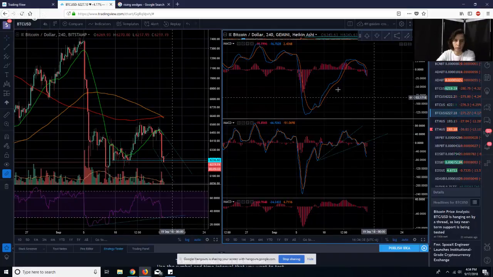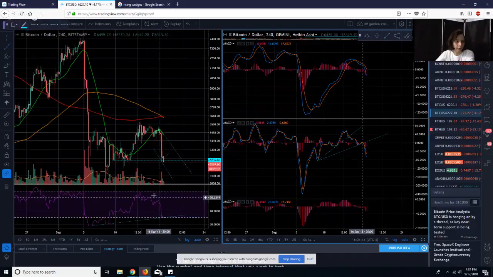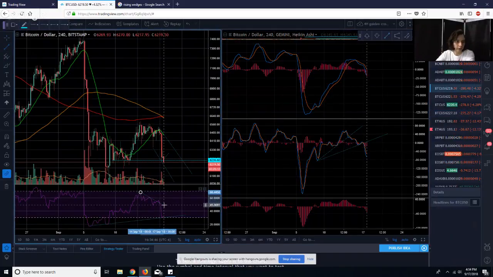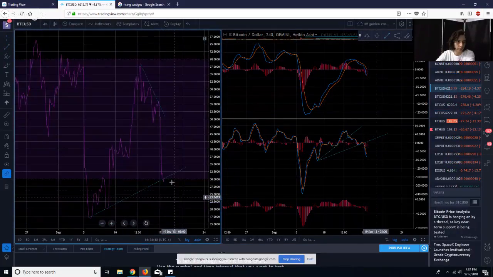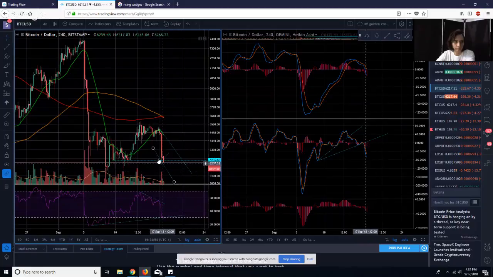Okay, the follow through for the MACD. The only thing the RSI is telling us is that the trend is weakening, as you can see over here. We're just making lower highs, which matches with the RSI. Still have to follow through for the MACD.